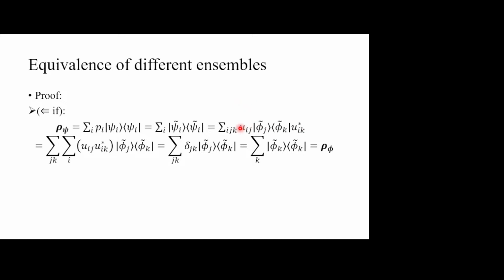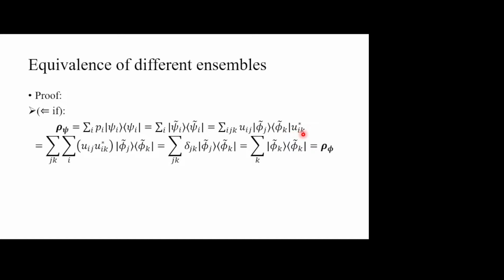Then we use our given equation. We can write psi tilde as a summation over j of u_ij times phi j tilde. And this psi tilde bra can be similarly written with phi k tilde, because we need a different dummy variable. So here we have summation over j, and now we give a different summation dummy variable, summation over k.